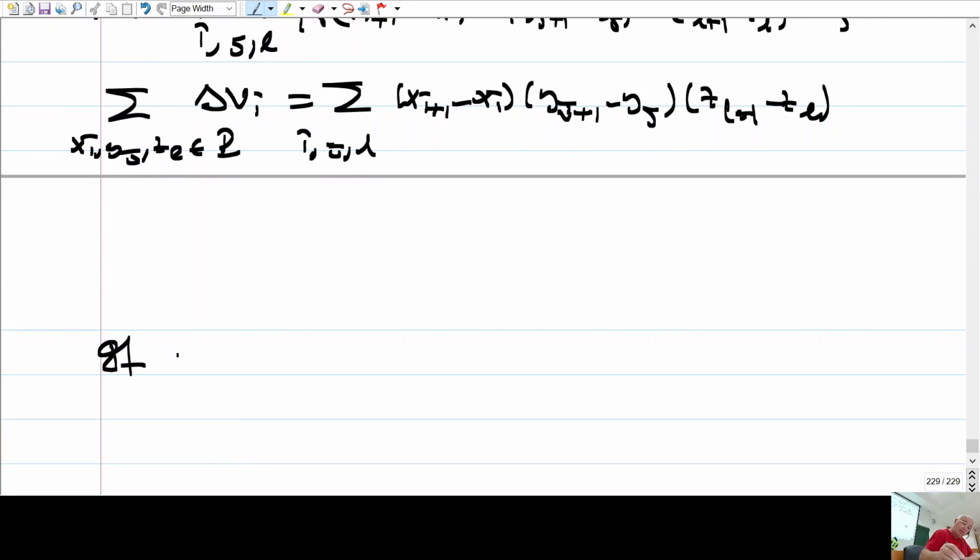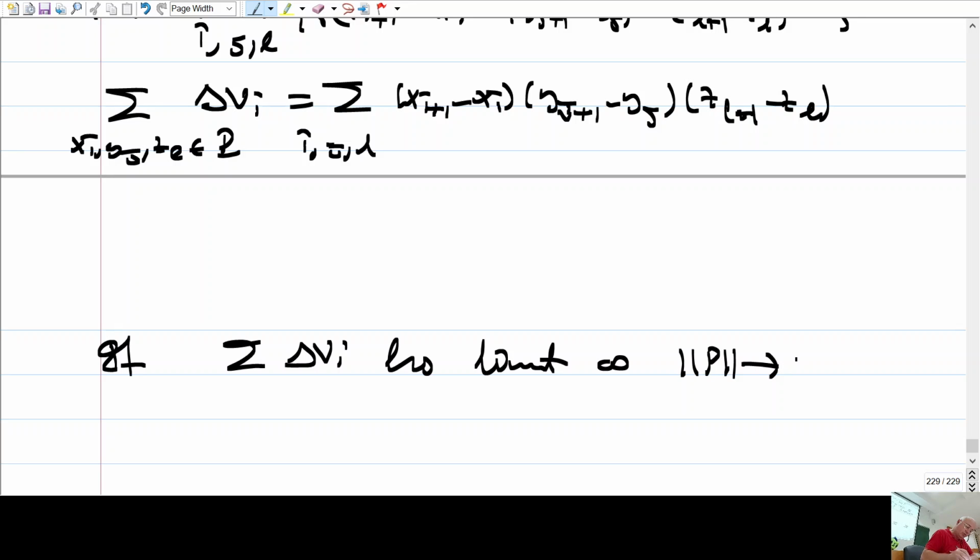If this sum has a limit as the norm of P goes to 0, so what we mean is this.